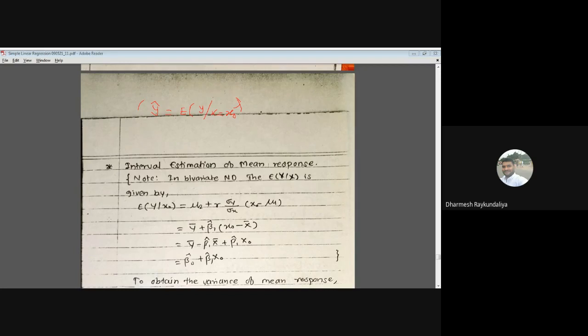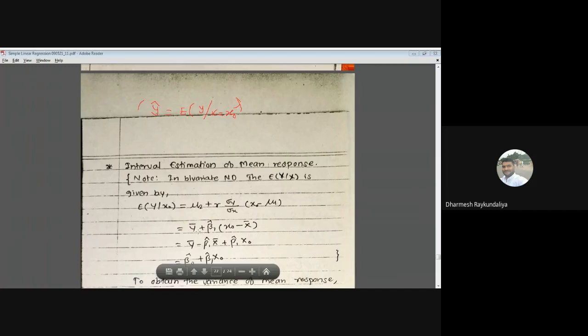So first we find out what is the expectation of y cap given x0. We know that it is mu2. Mu2 is nothing but mean of y plus r into sigma y upon sigma x, times x minus mu1. So for an estimated value, mu2 is y bar plus r into sigma y upon sigma x, which you can write as beta 1 cap, times x0 minus x1, and x1 is x bar.